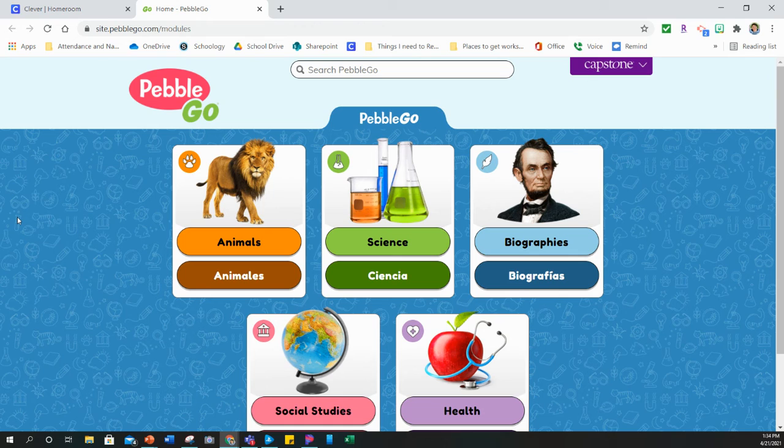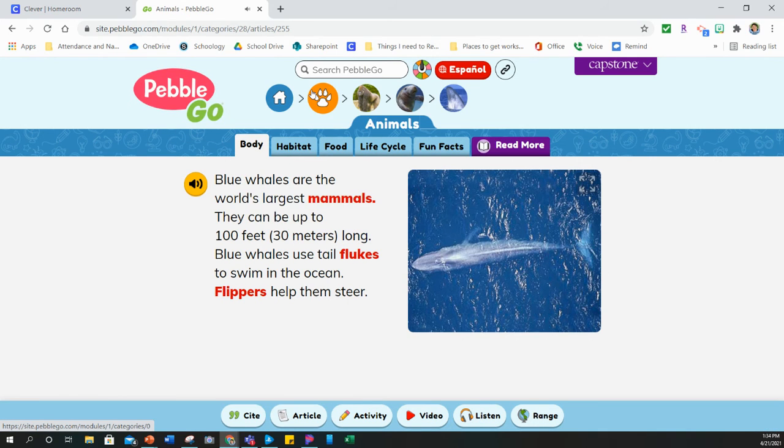If your child is doing ocean, then they are researching the blue whale. And if they're doing the desert, they're doing camel. Okay, so real quick, go up here to the search bar and let's take a look at the blue whale. Here's our blue whale. So I am on PebbleGo, and I could use this to find some of my information.